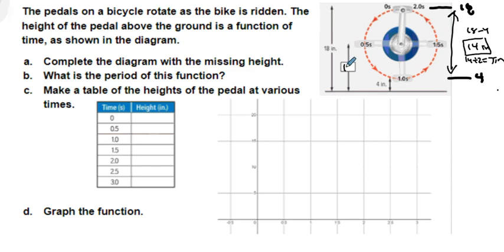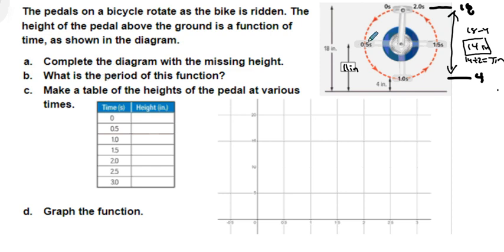So at 11 inches is where the midpoint of the pedal is. 18 is the top, 11 is the middle, and the bottom is 4. Because we determined that this is 14 inches, the full thing around, half of that is 7, so that's the radius, and to get to that center, it would just be 4 plus 7, which is 11. So that diagram is now complete.